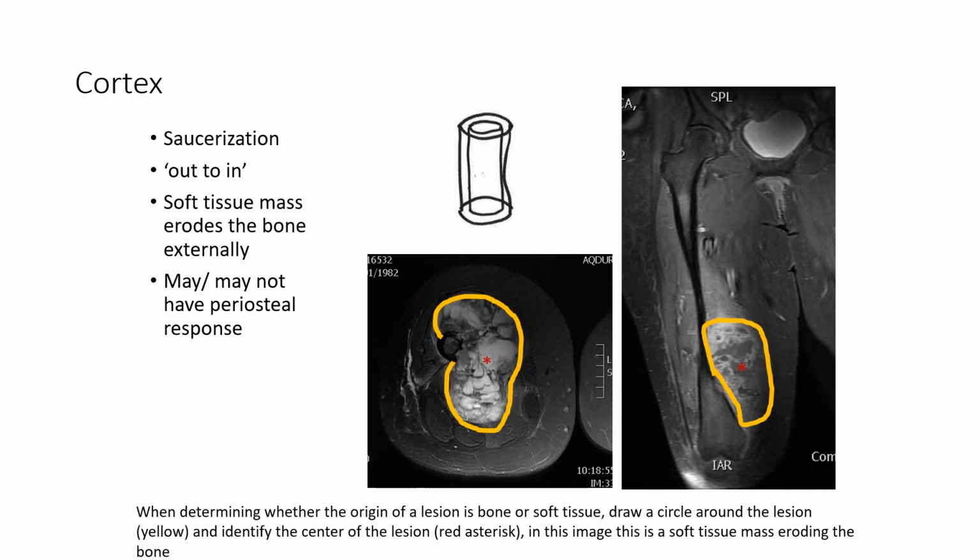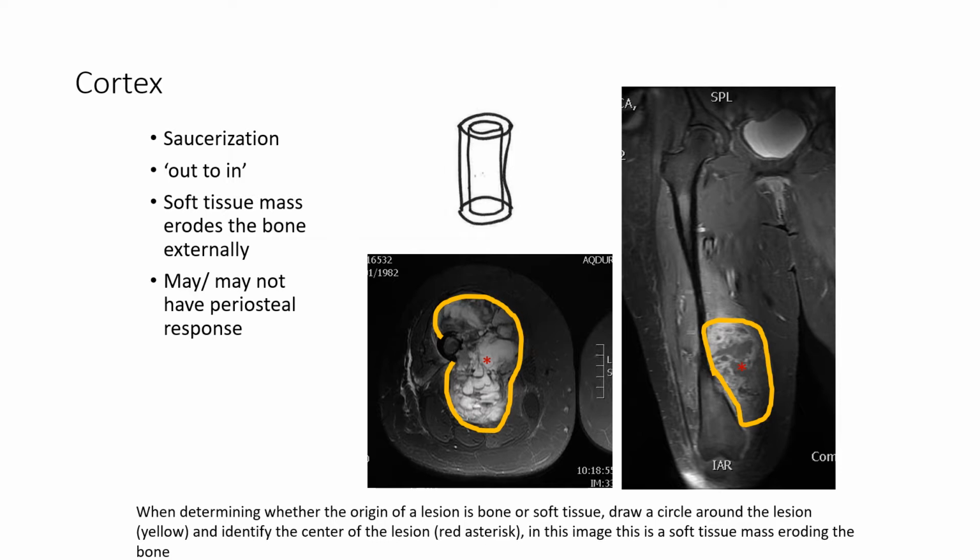We can follow one of the rules we like when we ask the question, well, is this even a soft tissue mass that is extending into the bone, or an intramedullary bone mass creating a soft tissue mass? One of the tricks is to outline the tumor and then put your finger in the middle of it. So here I use the yellow line to outline the entire tumor, and then use the red asterisk to show you the middle.